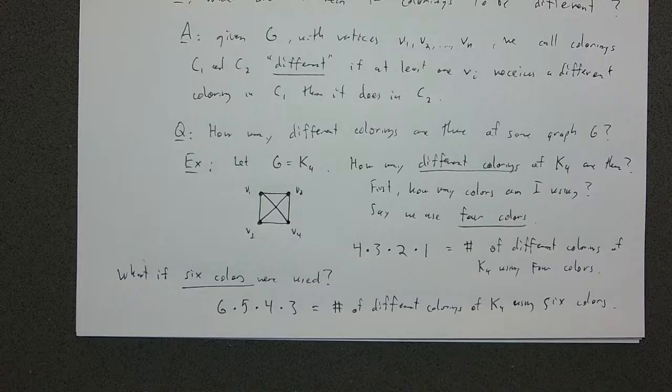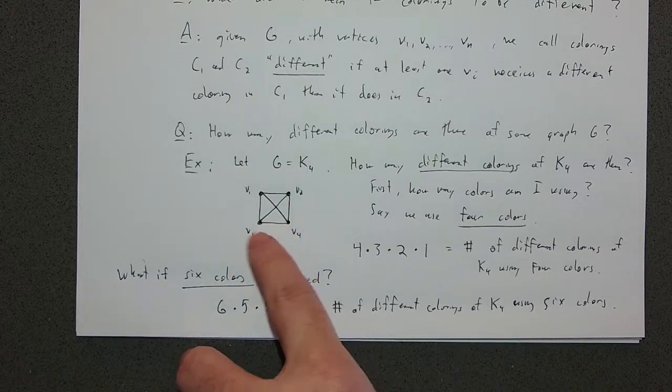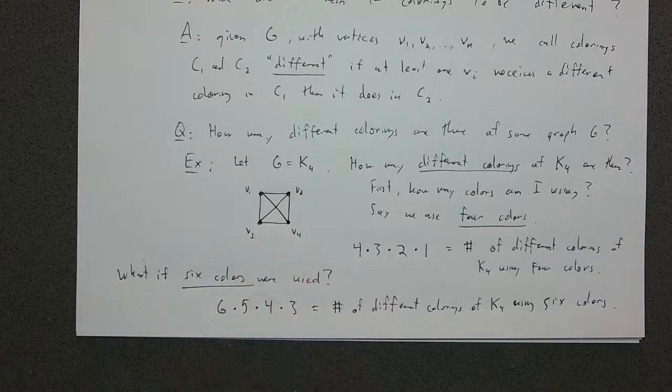Well, let's go back to my original question. What if I only use 2 colors? If I only use 2 colors, there can be no proper coloring of this, so 0 is the number of different proper colorings of K4.